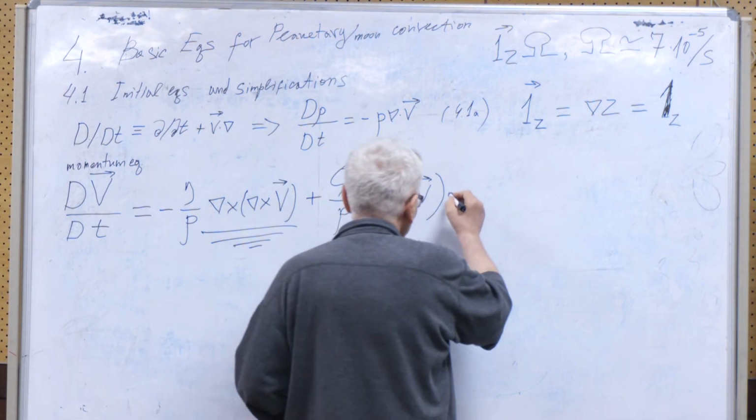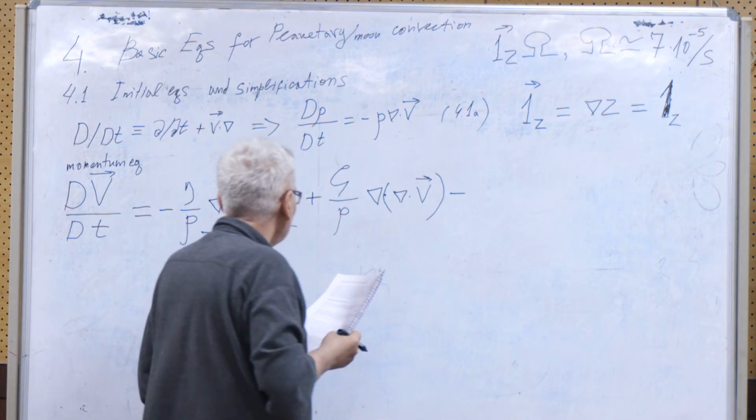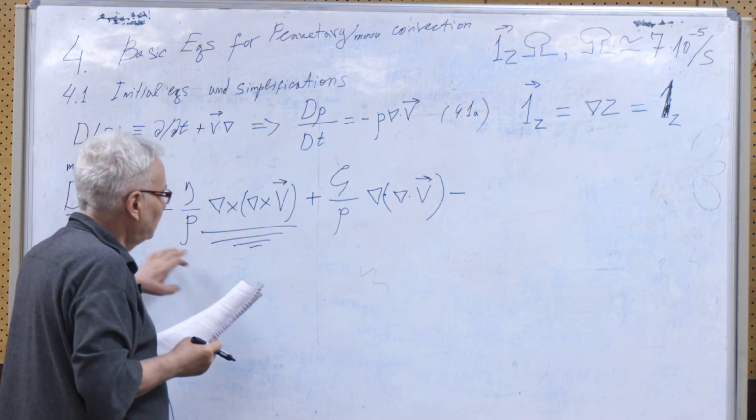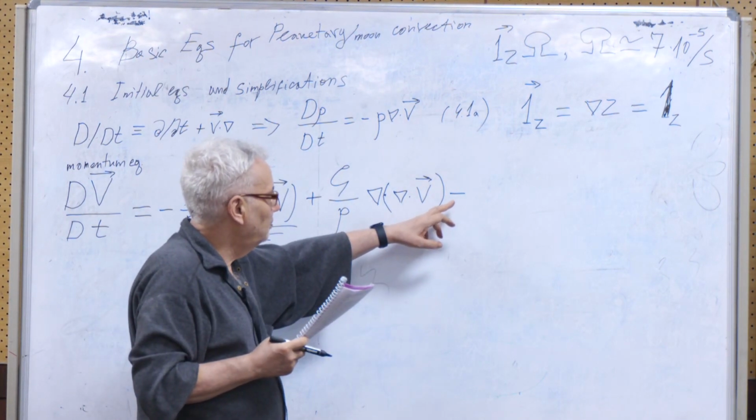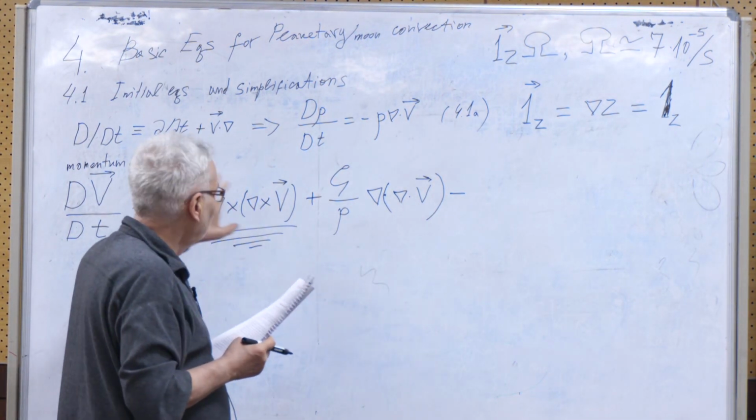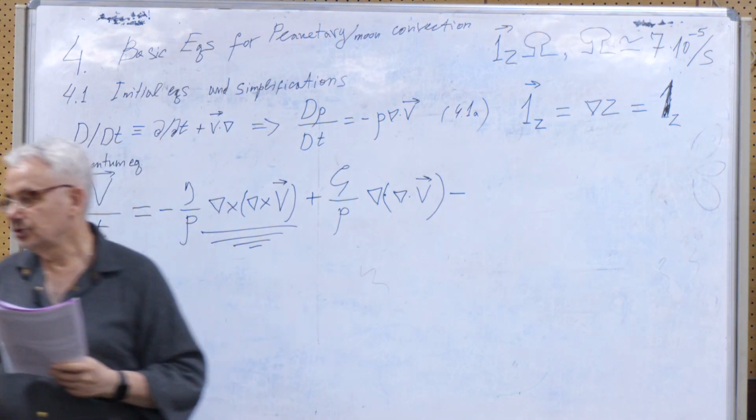And the next term, perhaps comparable in value on the boundaries, but maybe even more important in the bulk of the inner core in this direction. So the viscous term is very important on the boundary here, and also in the shell layer, as we showed in the previous lecture.